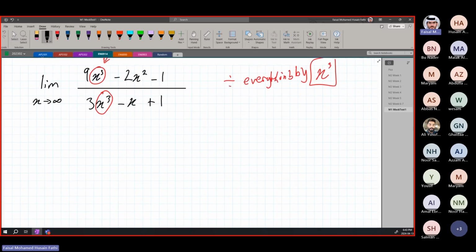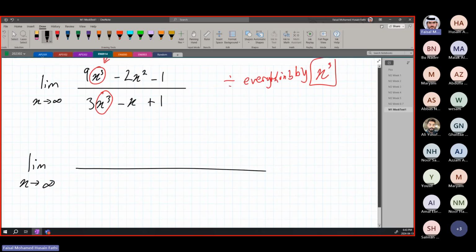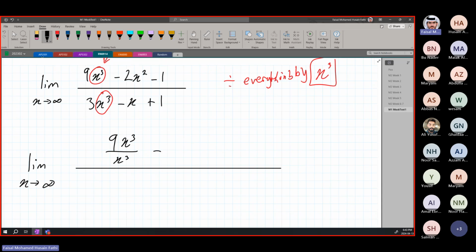So let's go ahead and do that. So the limit of x as it tends to infinity of 9x cubed divided by x cubed minus 2x squared divided by x cubed minus 1 over x cubed.